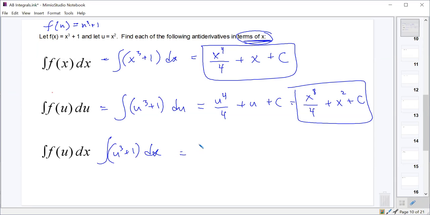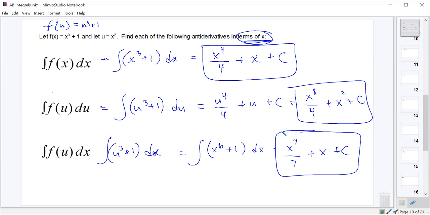So what is u cubed plus 1 equal to in terms of x? X to the 6th plus 1. Yeah, x to the 6th plus 1 dx. And now we should be able to integrate that to get x to the 7th over 7 plus x plus a constant. And so we should see that these u's and these x's really do matter.